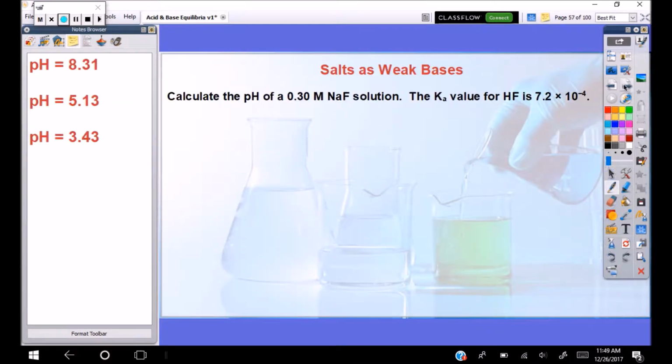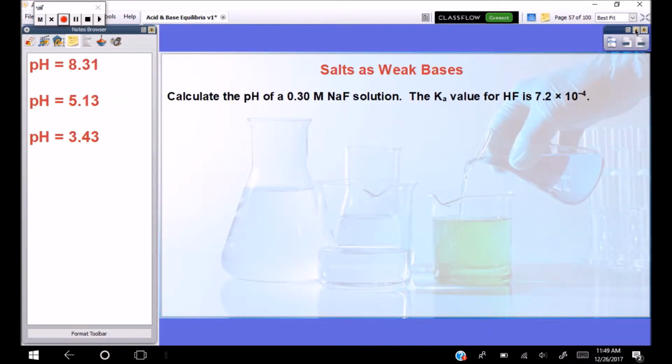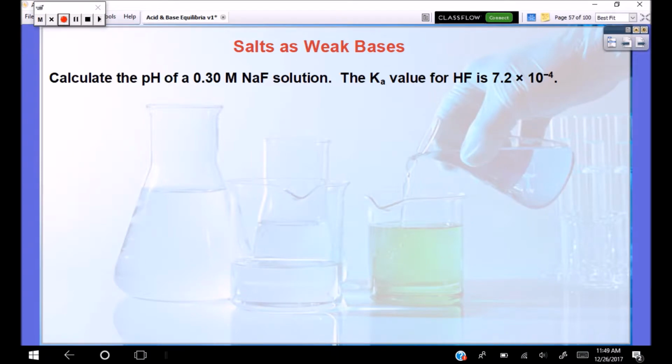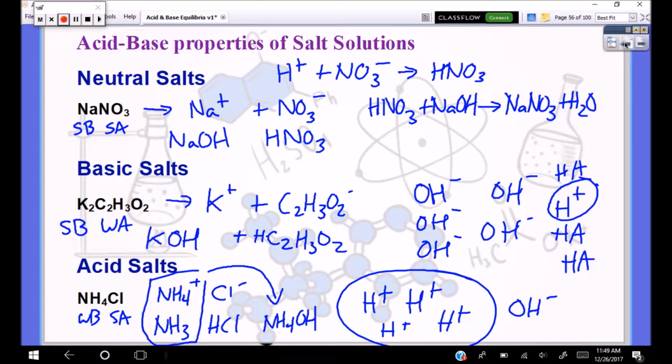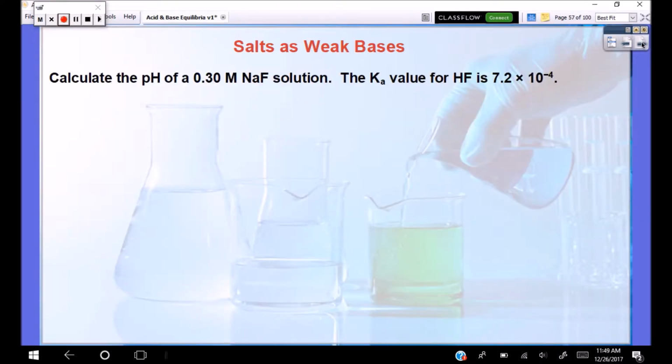Okay. Now, of course, you probably figured out that there's going to be some math involved. If we know that there's going to be an effect on our pH, we certainly can solve for it.